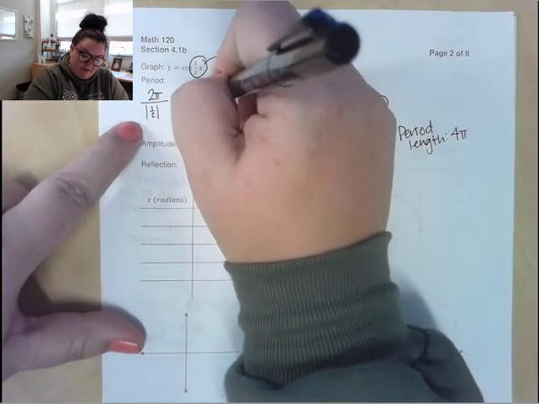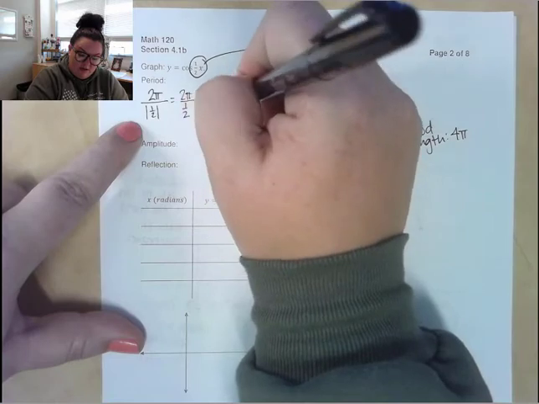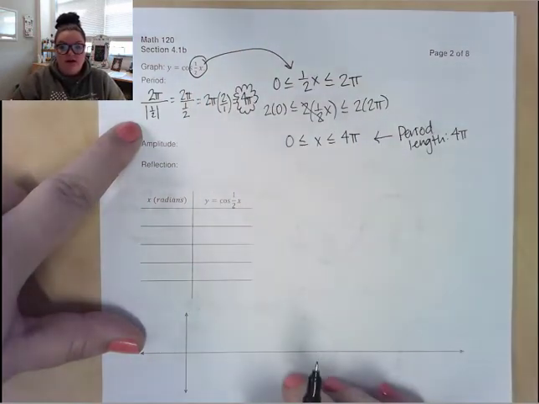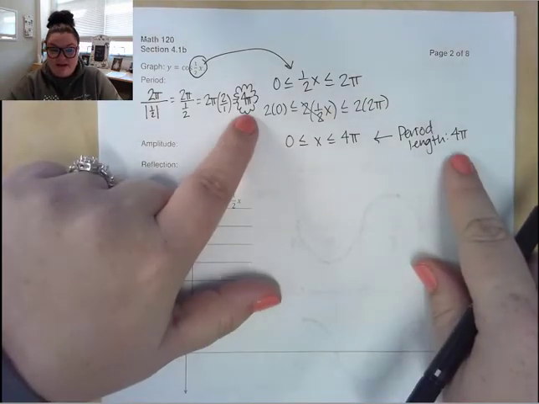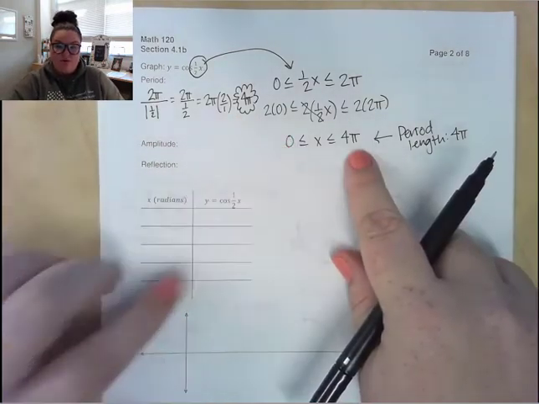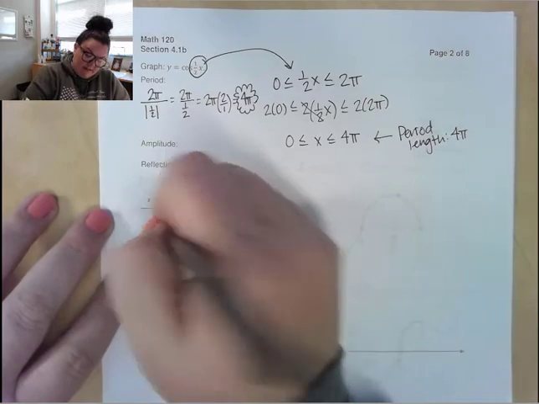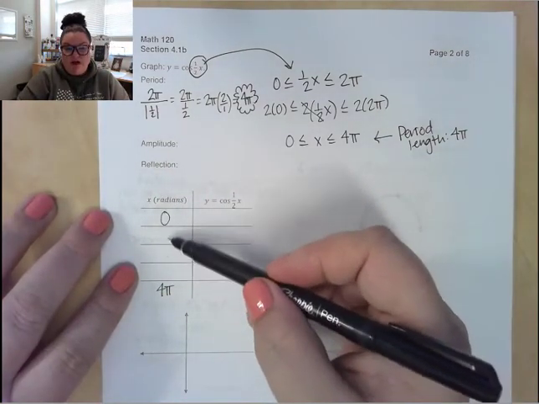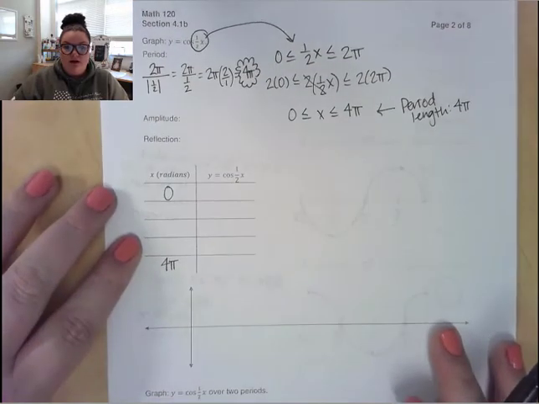So this is 2 pi times 2 over 1. So that gives me a 4 pi period. Okay, so indeed, my period length is now going to be from 0 to 4 pi. So I'm going to start at 0, I'm going to end at 4 pi, and I need to figure out what the 3 other tick marks are going to be on my graph.